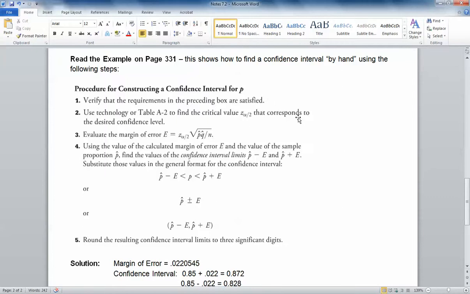Then step 2, use technology or the table to find your critical Z value. We'll use our calculators. Step 3, you find a margin of error, and use this formula. Step 4, using the value of your margin of error, you add and subtract that value from your sample proportion, and then that will give you an estimate of the population proportion.